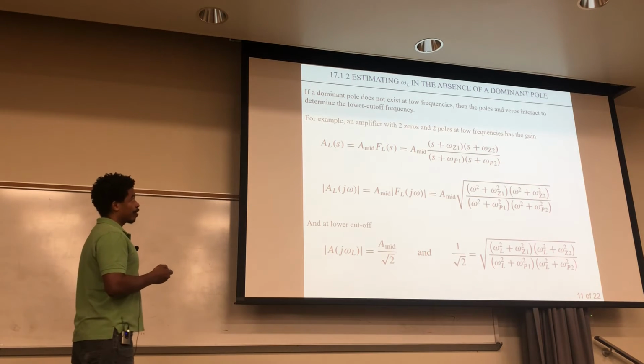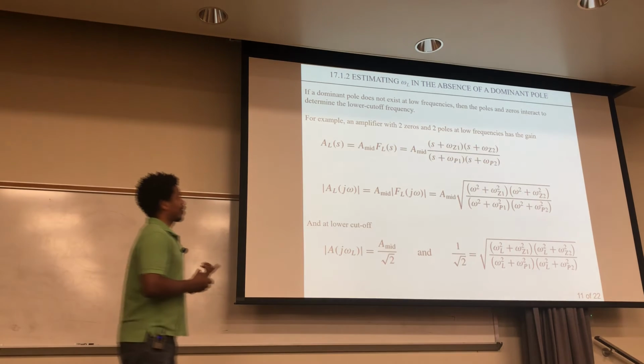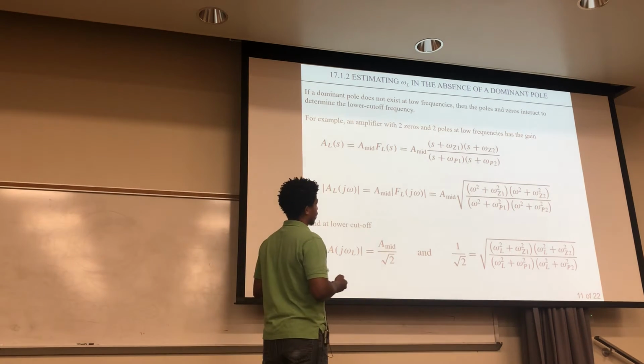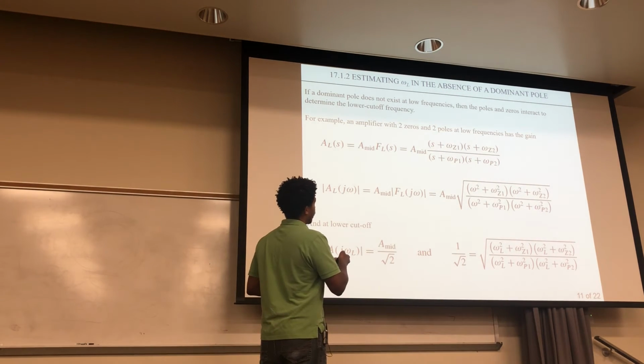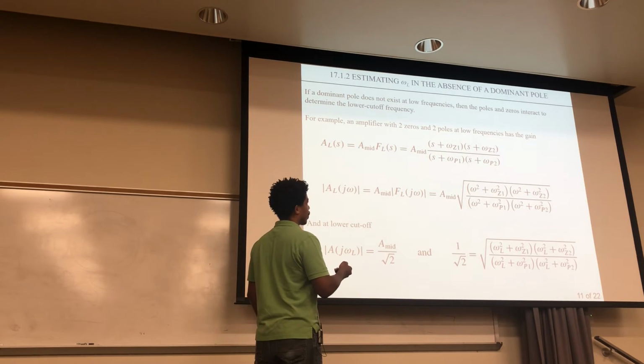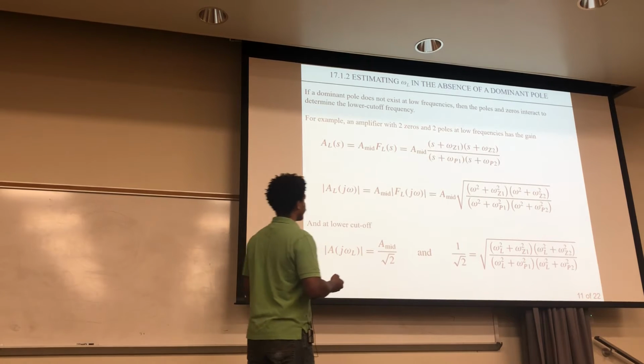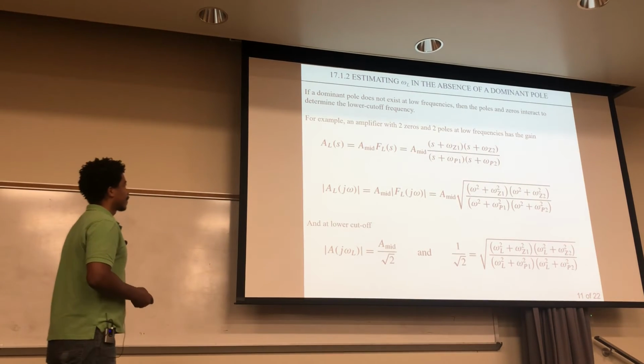So these j omegas that are in here become negative j omegas. They cancel out. Those cross terms cancel out. So what you have is that each of these terms just becomes squared. So this s right here just becomes omega squared. This omega z1 becomes omega z1 squared, and so on. So that's where this expression comes from.